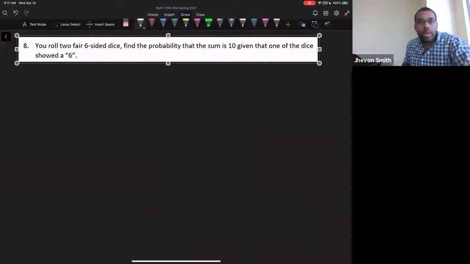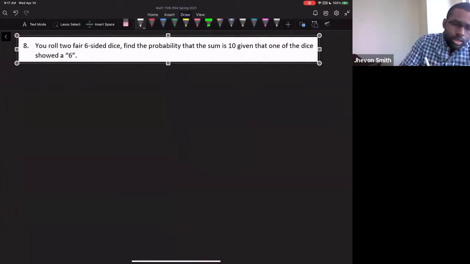Here is a very different question. What is the probability that the sum is 10 if we know for a fact that one of the dice is a 6? It's actually not going to be 3 out of 36. So let's actually think about this.